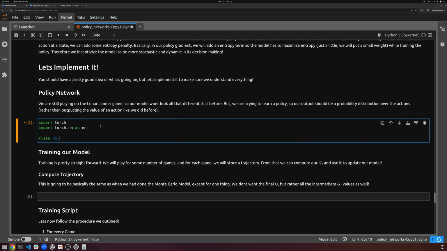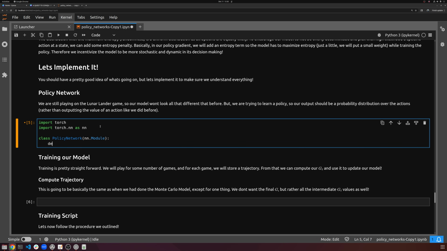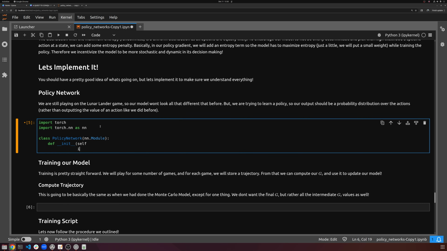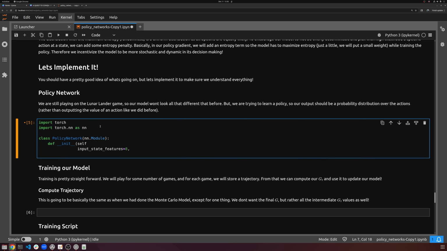Class PolicyNetwork, nn.Module, def __init__(self), and we're going to have input state features is 8, right? So there are 8 input features in the lunar lander game.